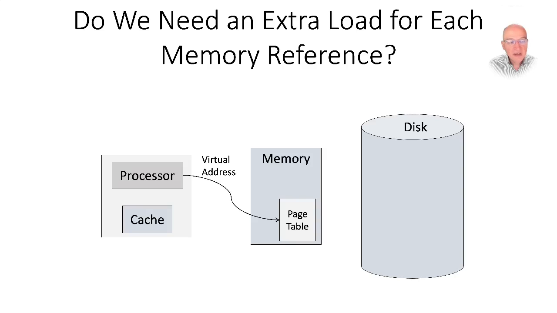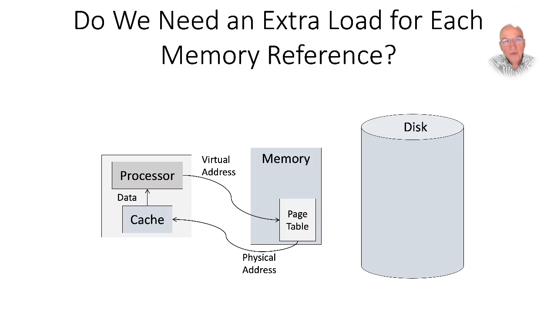So the virtual address has to be sent to the page table, and the page table will then determine the physical address. Remember all those accesses that I had to do, so I may have several memory accesses in order to find the actual physical page number, and then that physical page number would go into the cache for an access. Then the data would be provided to the processor.